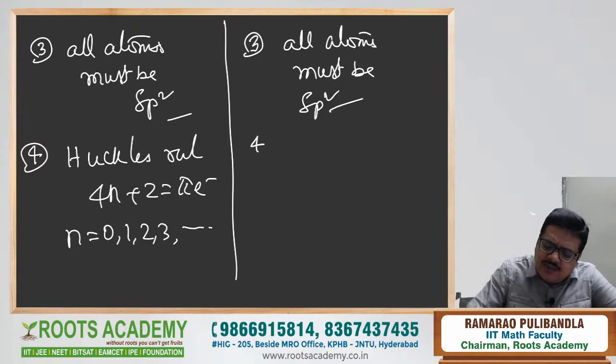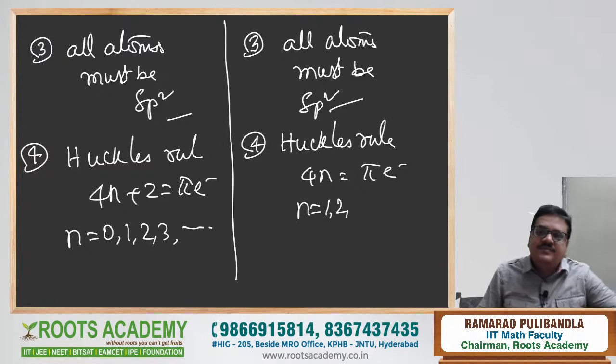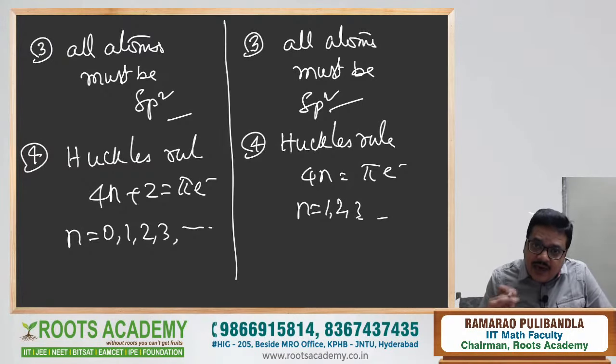For anti-aromaticity, 4n equals the number of pi electrons, with n equal to 1, 2, 3. These conditions must be there in aromaticity and anti-aromaticity.